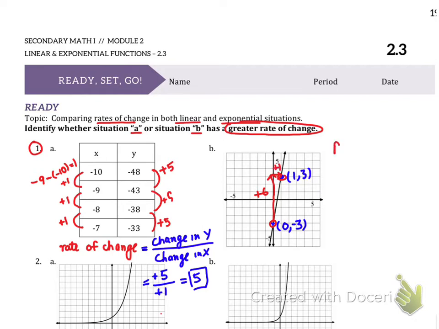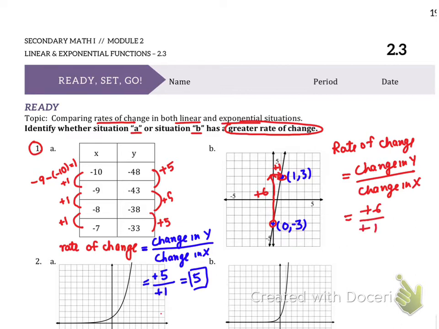So the rate of change is change in y over change in x, and that is +6 over +1. So my answer is 6.